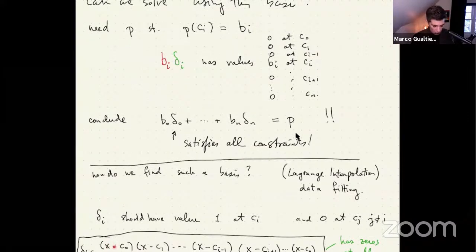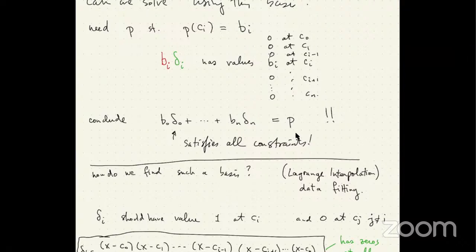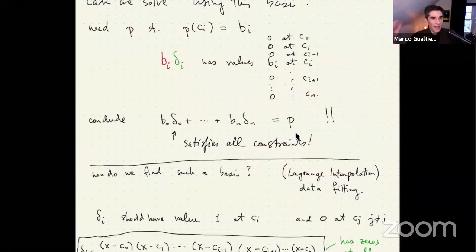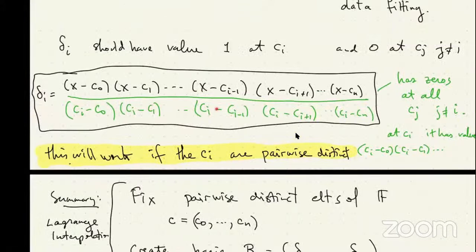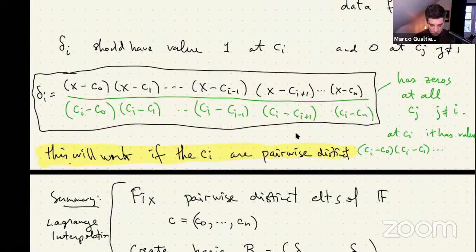If you look at the value of the numerator at ci, what you get is (ci minus c0), (ci minus c1), (ci minus c(i minus 1)), etc. You're going to get the product of all these things. It's going to be some complicated expression, and whatever that expression is, I don't know if it's equal to 1 or not. So if it's not equal to 1, just divide by that number, whatever that number is. Oh, okay. So that way it's equal to 1. I see now. Okay. Thanks.